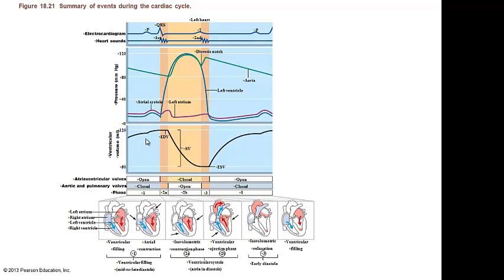When the ventricle contracts, this is the systolic pressure, and when it's relaxed, this is the diastolic pressure. Correct. So ventricular systole, high point in blood pressure. Ventricular diastole, low point in blood pressure.